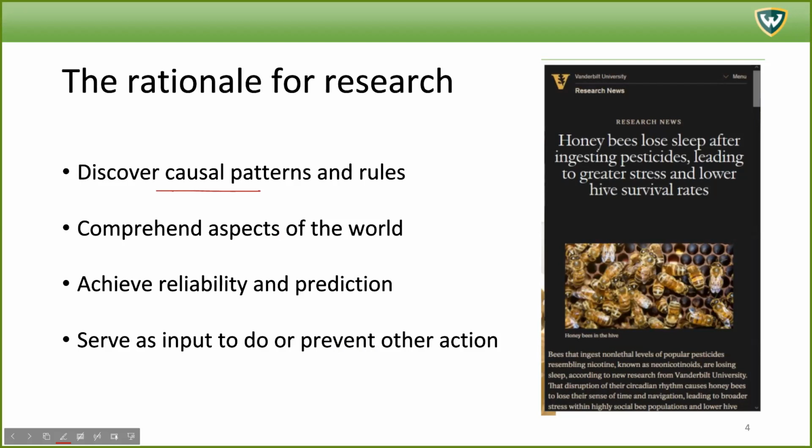Often how one thing causes another is difficult to determine because it is not directly evident. But through research and through investigation, we may discover causal patterns. Perhaps we just want to understand or comprehend or have the knowledge of aspects of the world.